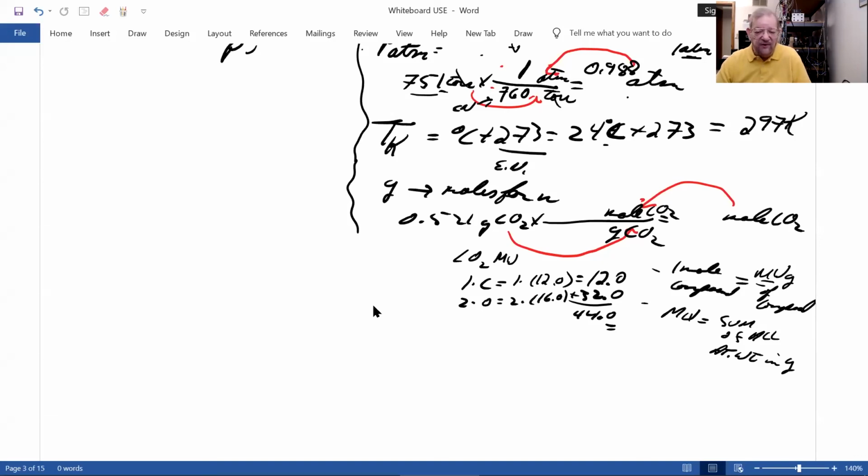So for every 1 mole of CO2, I have 44.0. Notice this is 3 significant figures. This is 3 significant figures. This is an exact number. So my answer should be 3 significant figures.